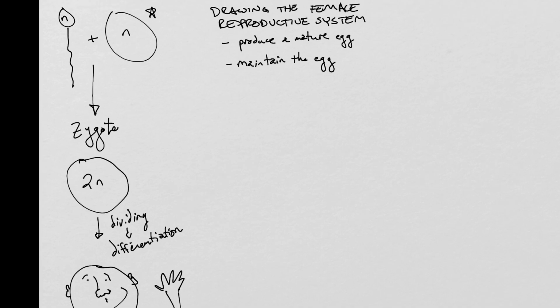And finally, the last thing is that these structures are in place to, in the case that the egg doesn't get fertilized, eliminate the egg.